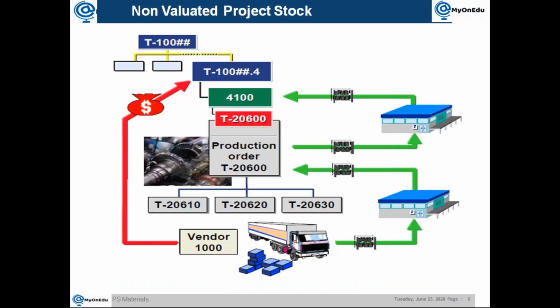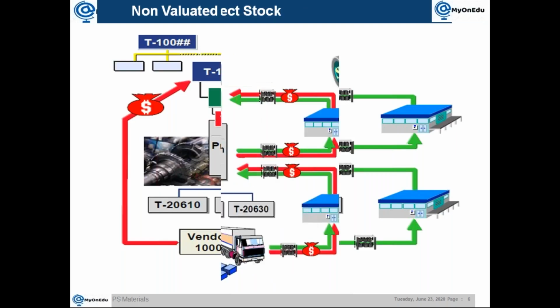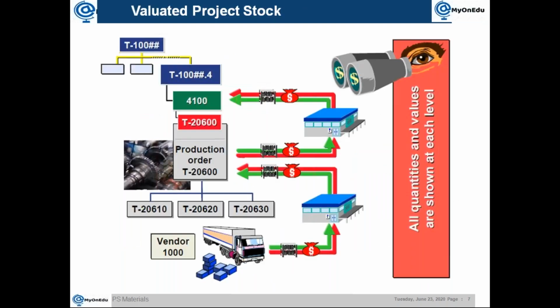Now, another concept is that in MM there are two concepts: one is called non-valuated project stock, another is called valuated project stock. So here you can find the difference by the picture itself, right?